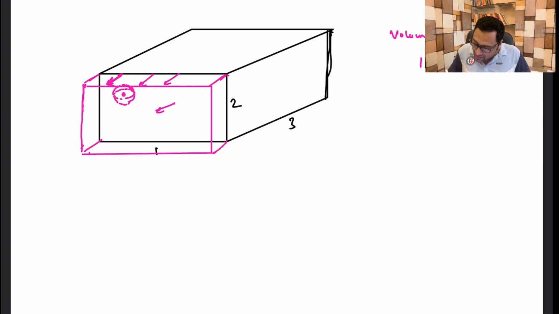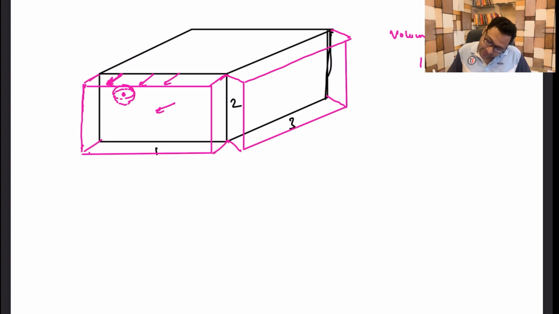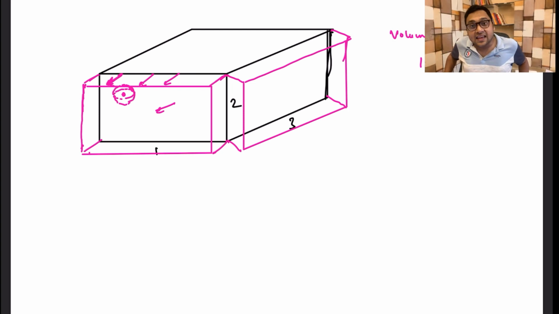And the same thing will happen here. So the better you draw, the better you will understand what's going on. And in fact, for each of the 6 walls or 6 faces, the same thing will happen. So what are the volumes of these pieces that are sort of jutting out, coming out?